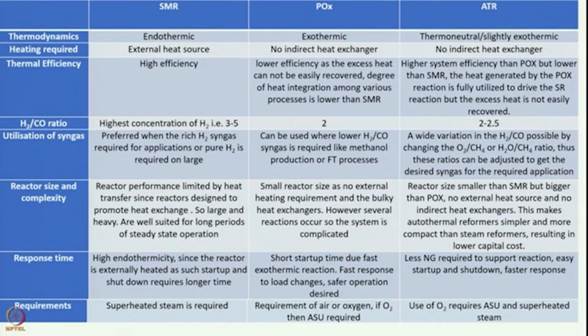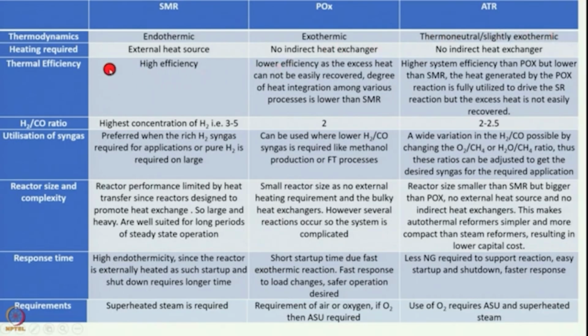If we consider the thermodynamics of the process, steam methane reforming was an endothermic process that we have seen, partial oxidation is exothermic, and autothermal reforming is either thermoneutral or can be made slightly exothermic so as to encompass the losses that occur in the reactor.